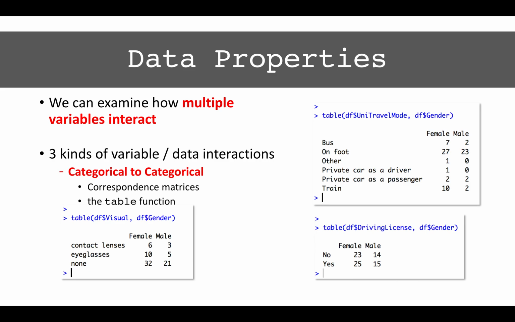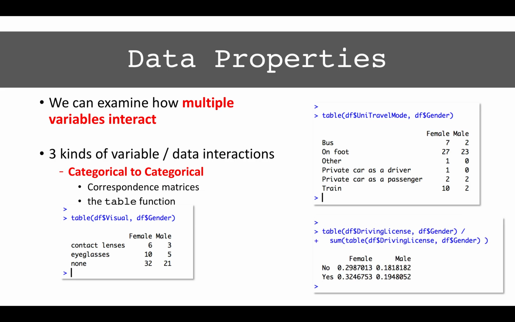Again, table is used to do this, and you'll notice that now, instead of just taking one variable, table takes two variables and tabulates them against each other. We can see that there are potentially interesting differences between these, and of course we can calculate proportions.